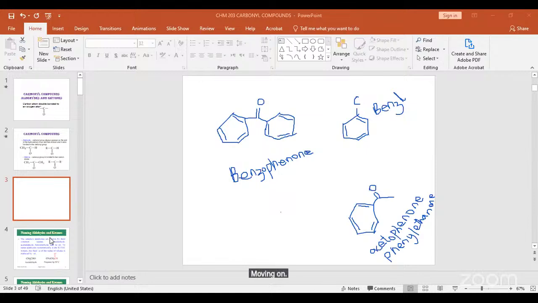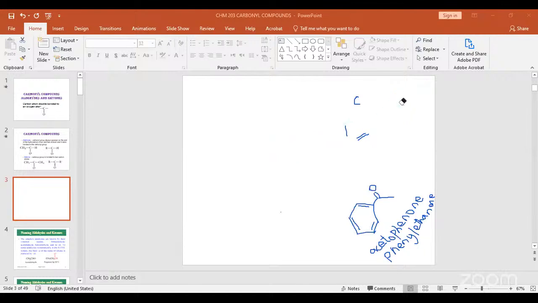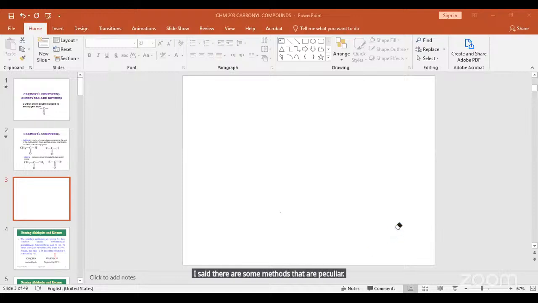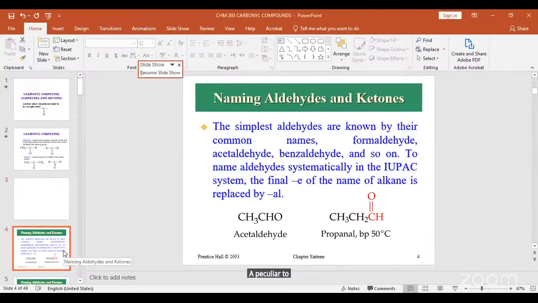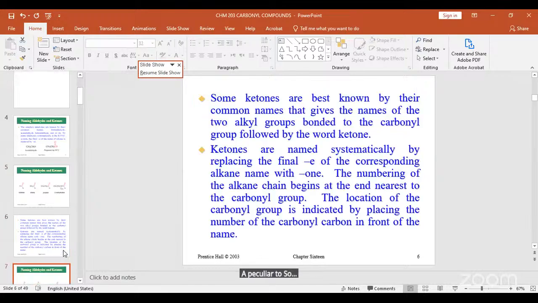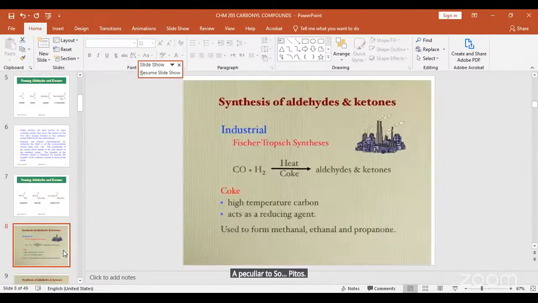Moving on, please clear this off. So we move on to methods of preparation. I said there are some methods that are peculiar to aldehydes, some peculiar to ketones, and some for both of them.